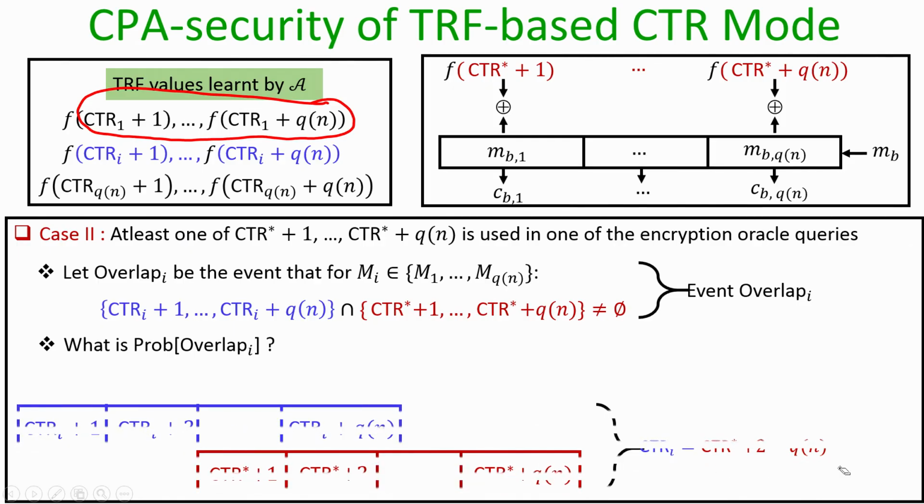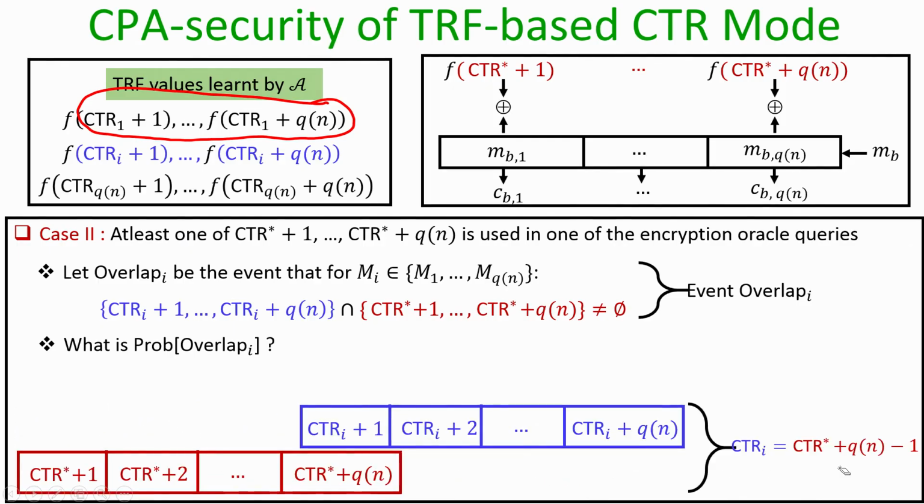And in the same way, consider the scenario where the event overlap I occurs because the last counter value used for encrypting the last block of the challenge plain text overlaps with the first counter value used for encrypting the first block of the message MI. Then the counter I should satisfy this relationship.